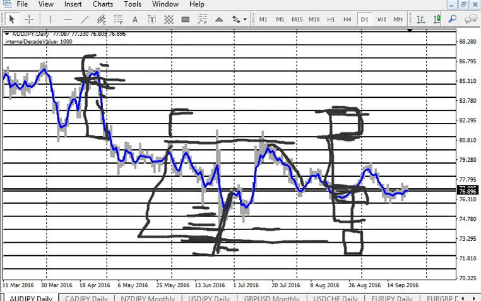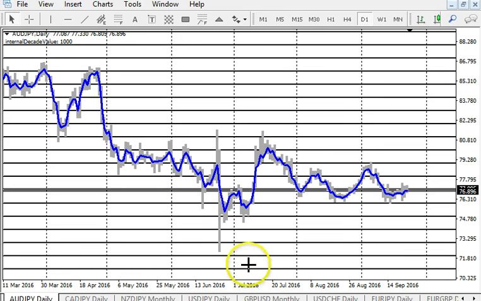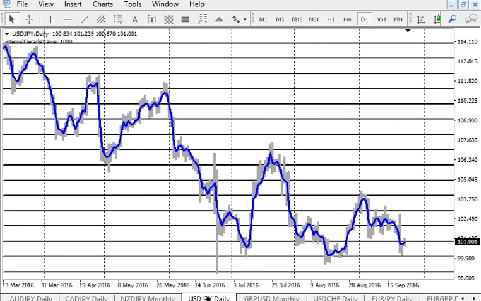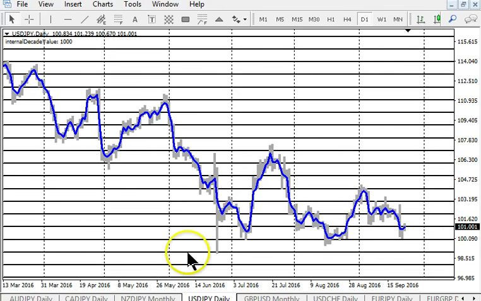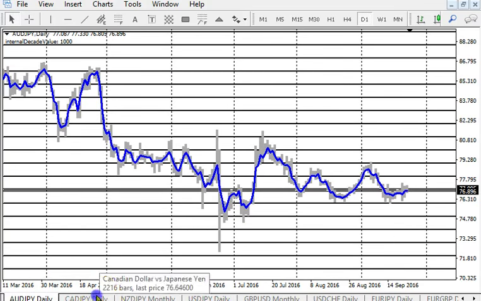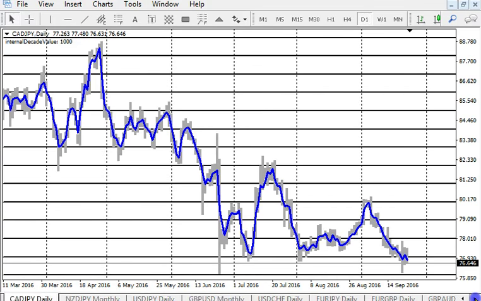In a nutshell, just place a lot of orders and just gauge the current volatility. Dollar yen, kind of a tame market compared to the guppy or some of these other nutty instruments.